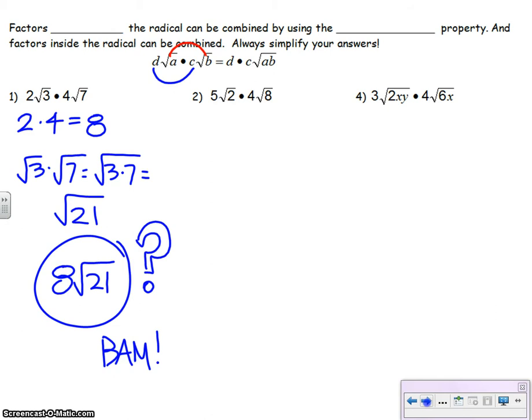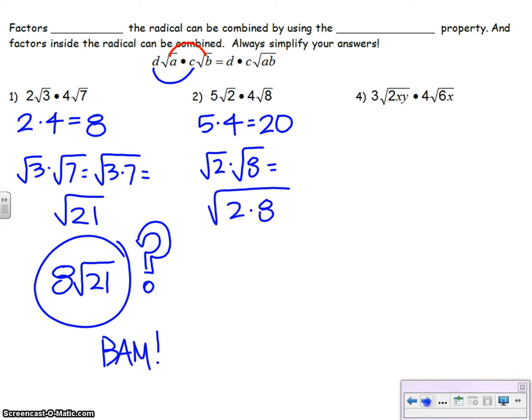Bam! I like it. Okay, number 2. 5 root 2 times 4 root 8. So we're doing 5 times 4, which is 20. Root 2 times root 8, which is the square root of 16. What is that the same as? Oh wait, the square root of 16 is 4.